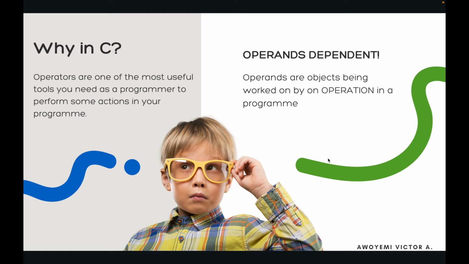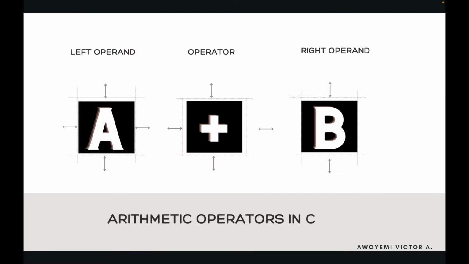Now let's quickly talk about operands. Operands are objects being worked on by an operation in a program. We have the left operand and we have the right operand.